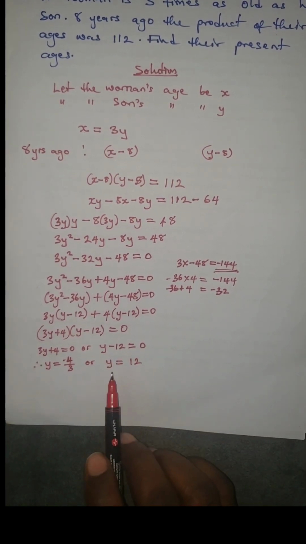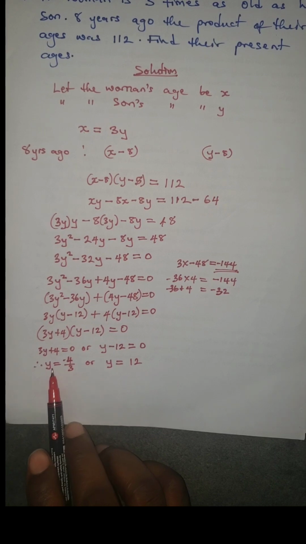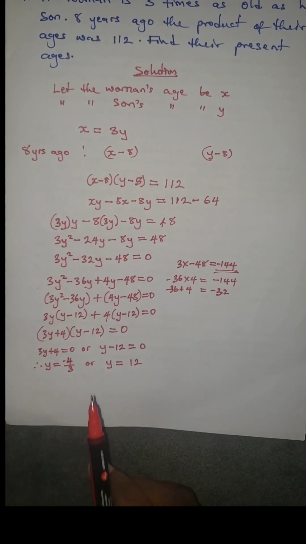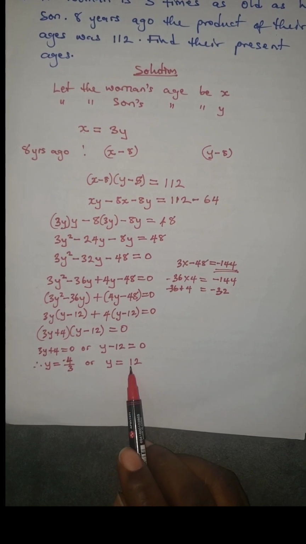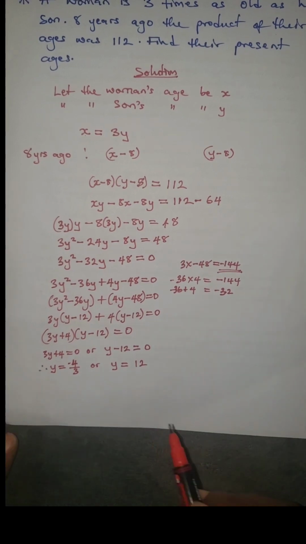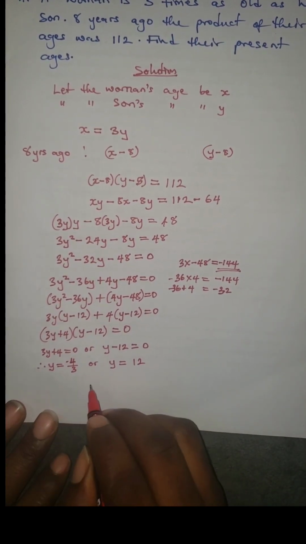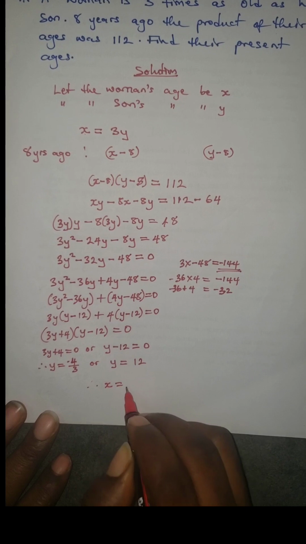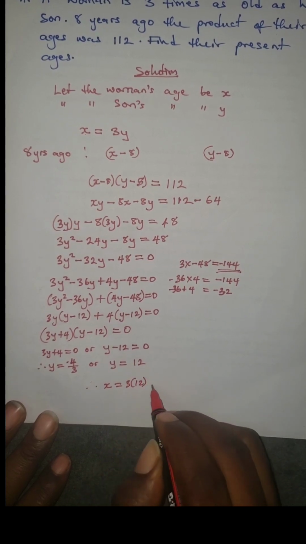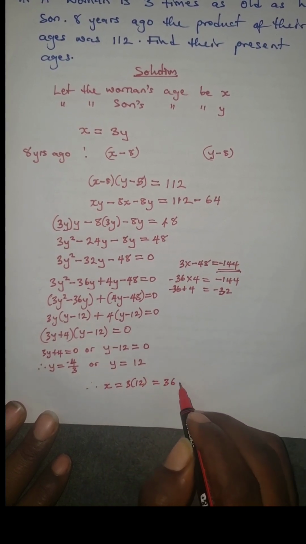So you can see that one of the values of y is negative, which age cannot be a negative value. Therefore, the only accepted value for y we can take is 12. So if y equals 12, therefore s equals 3 into 12, which is equal to what? 36.